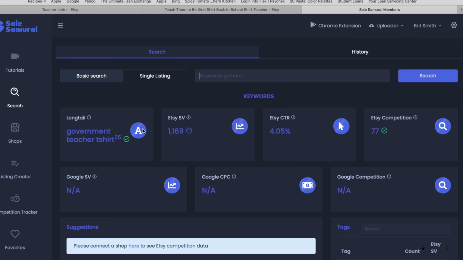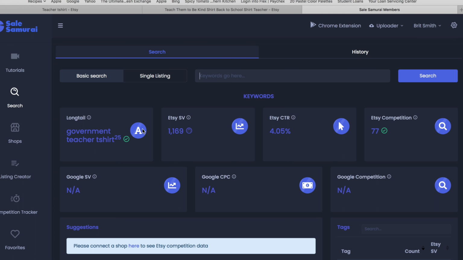So they are going to be your most impactful keywords. So if you have a keyword that's performing great and it just looks a little funky, don't be afraid to put that in the beginning, because that is how people are going to be finding it. When people have already searched the term, they're not going to be looking at the title anymore. They're going to be looking at the photos.